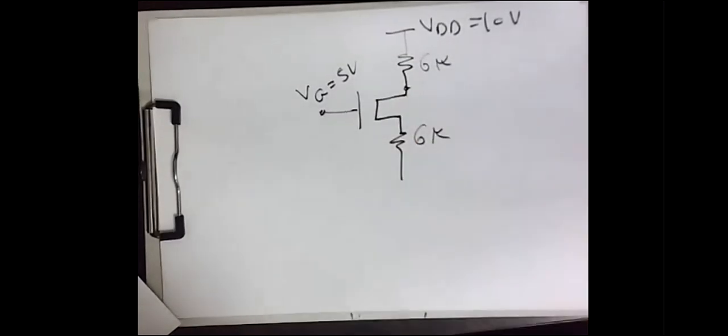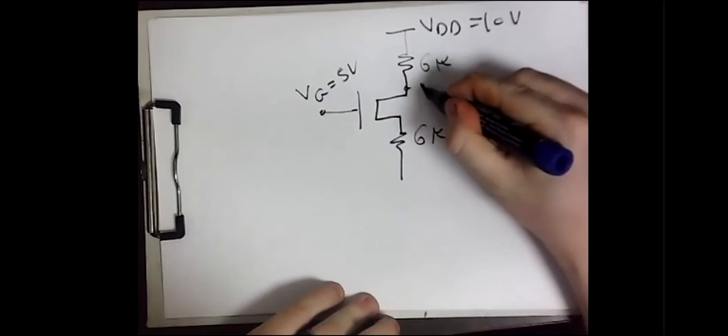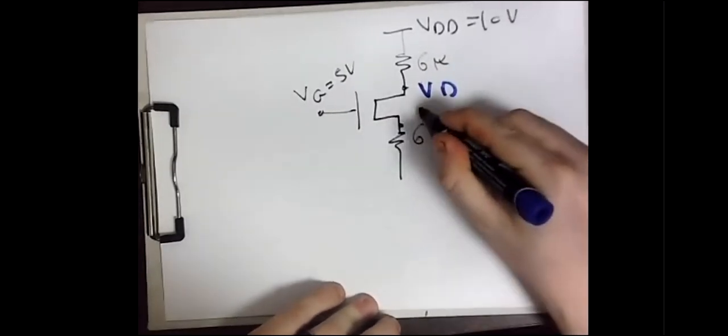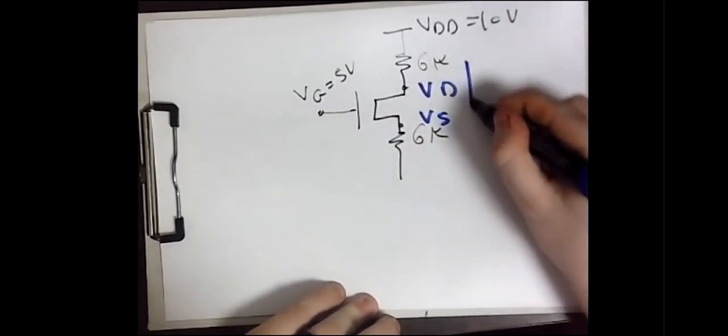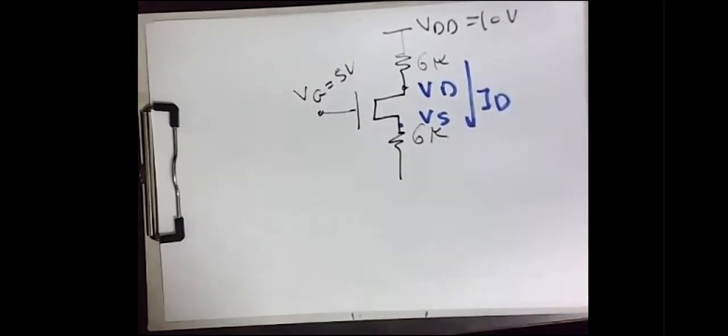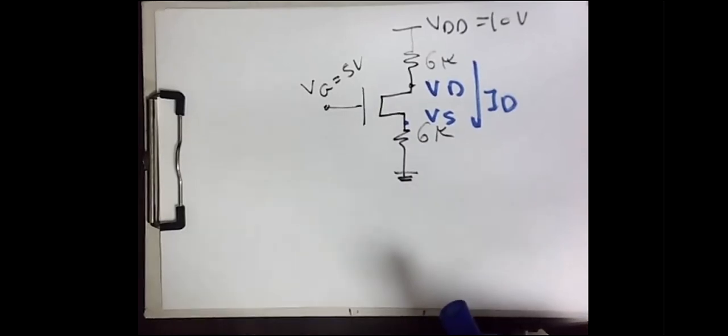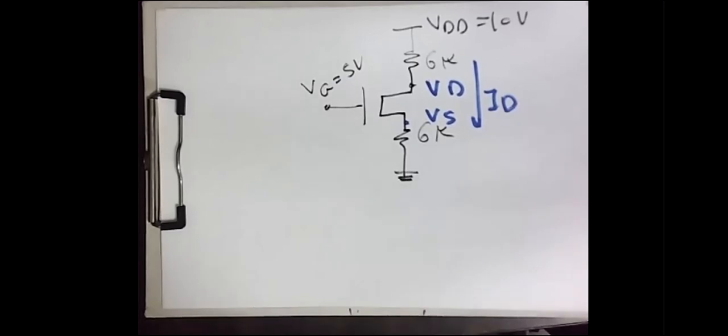This is VD, this is VS. The current flowing here is ID, and this is ground. Okay, that's perfect. What we are seeking now is another equation linking the ID with the VS.